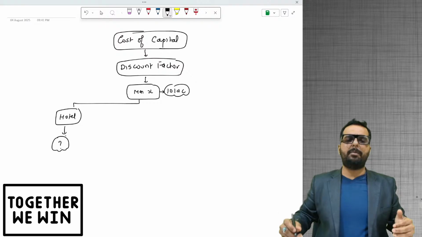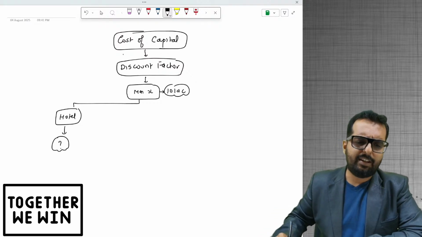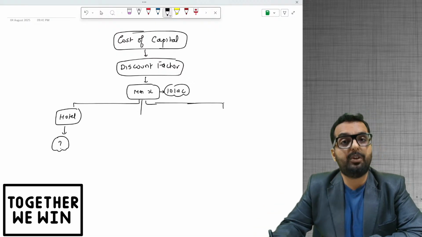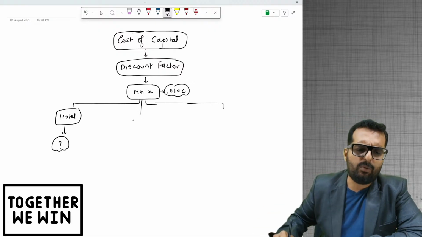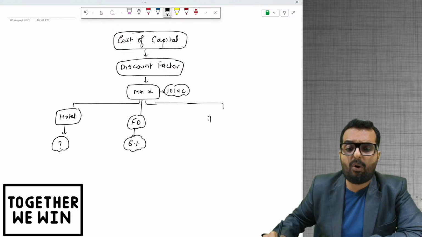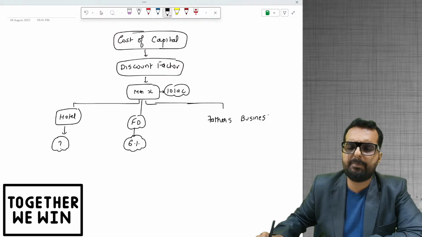The only question is that he doesn't know how much return this hotel will give him. So in order to compare this return, Mr. X will compare where else he can put this investment. He found out that he can put this investment in FD, where he will get only 6% return. He can also put this money in his father's business.